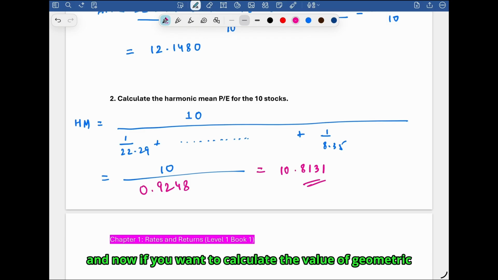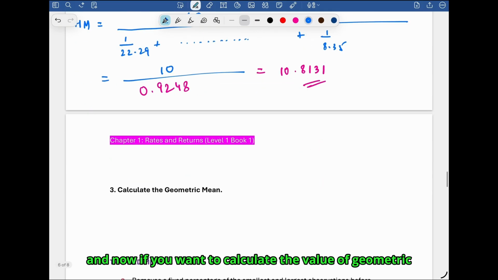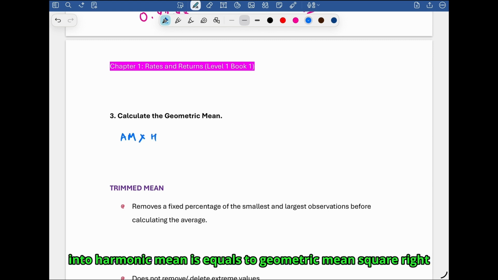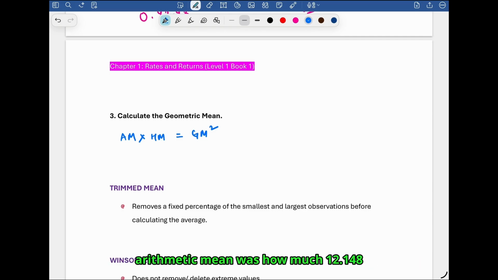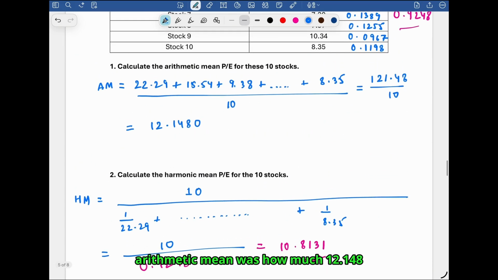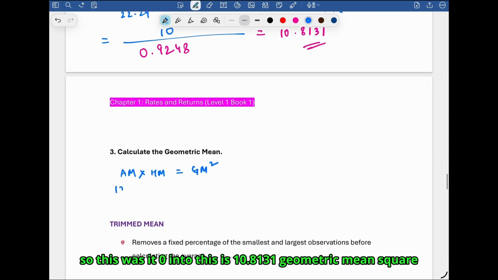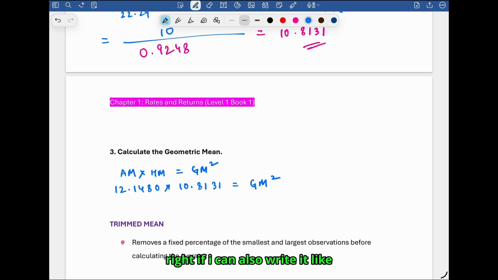And now if you want to calculate the value of geometric mean, you already know arithmetic mean into harmonic mean is equals to geometric mean square, right? Arithmetic mean was how much? 12.148. So 12.148 into 10.8131 is geometric mean square, right?